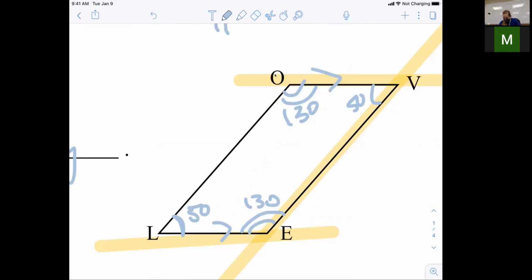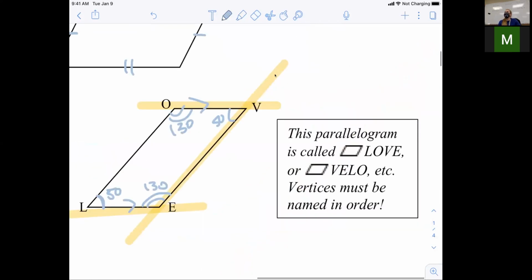One thing while I'm here, you notice a little box next to it. This is something I think that we do a good job with, but I wanted to remind us. We can call this parallelogram LOVE, or we could go from a different vertex and start and go VELO. You can't cut across the shape. So I could not go VEOL.